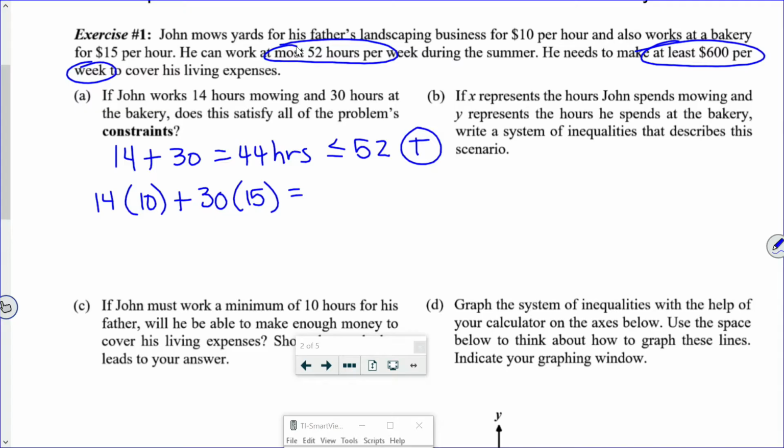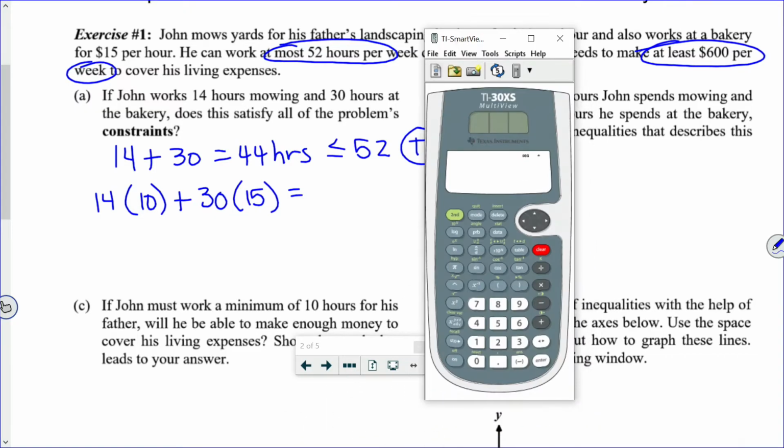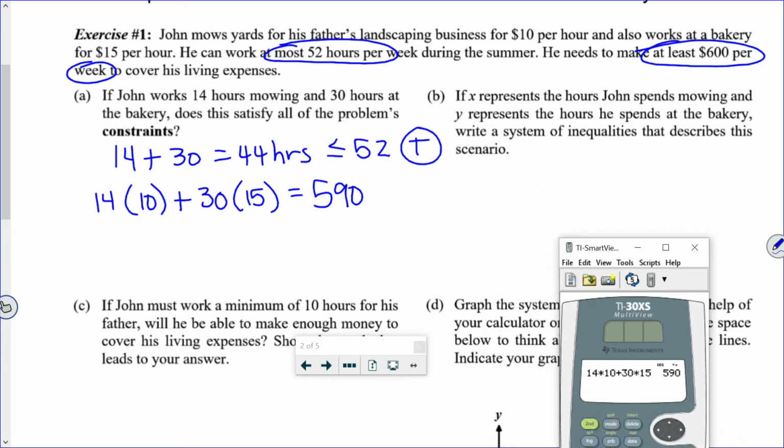I'm going to bring out just my simple scientific calculator right now to do this calculation. 14 times 10 plus 30 times 15, that's going to give me 590, right, which I need to make at least $600, and that's actually false.